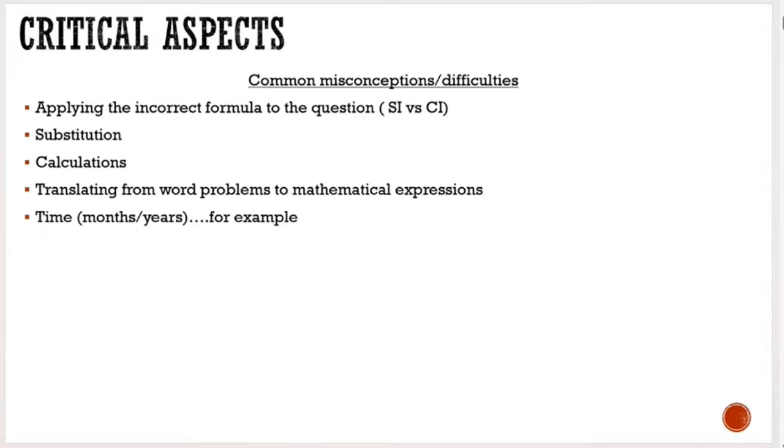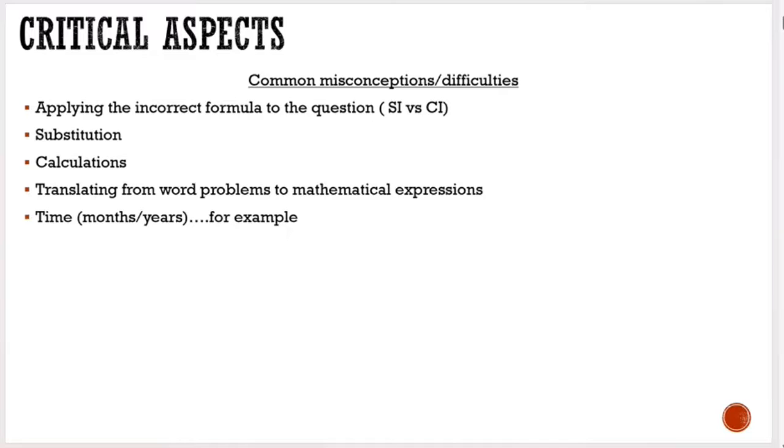Hence, I'm asking you, if ever you are studying any topic, please write what it is that you are expected to know about that topic, the object of learning, and what are the critical things about that topic at your level that you need to know. And then what are your critical aspects in relation to the misconceptions that you are carrying? You write those down so you'll be able to even ask for help. You can even contact me and say, I've got problems with these ones.